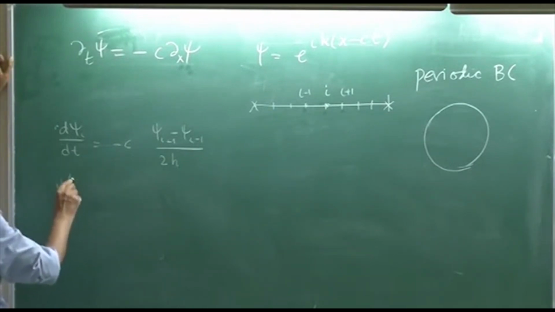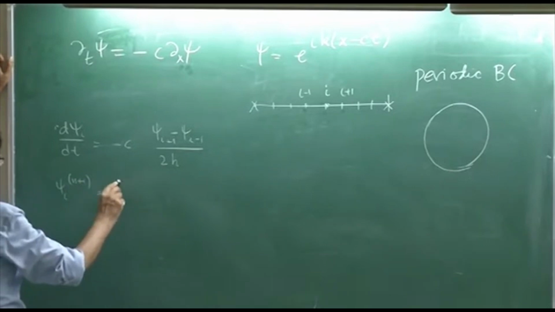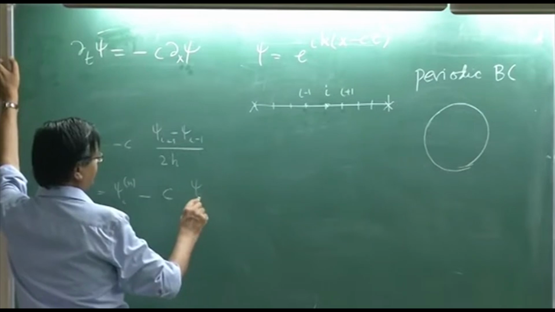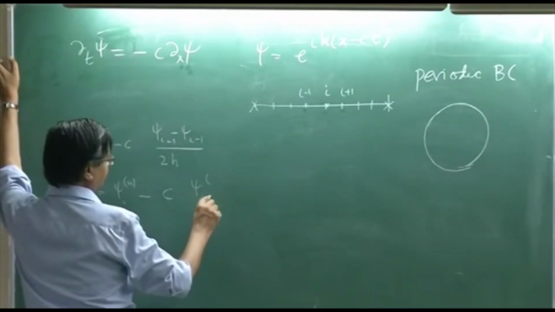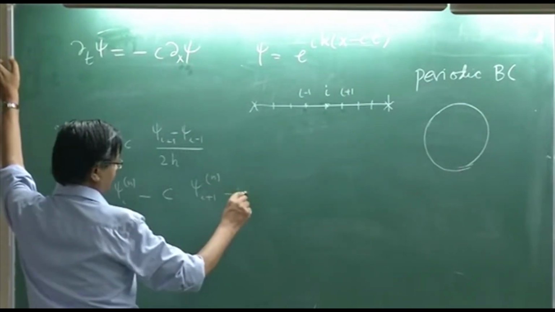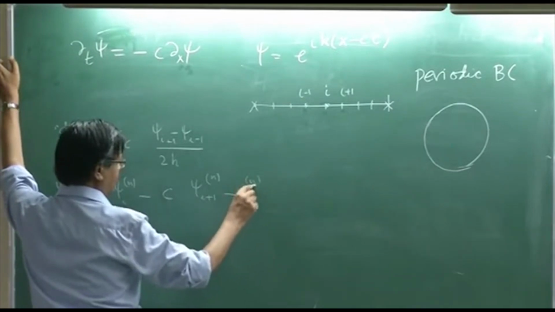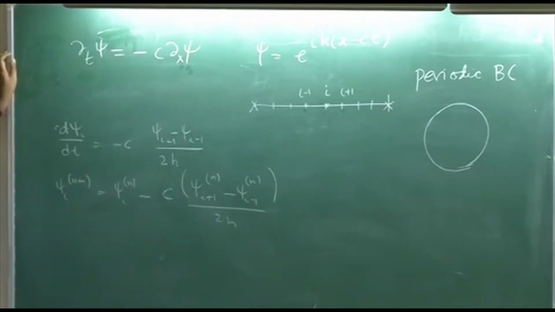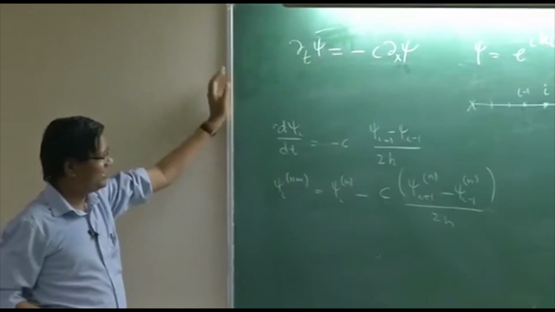Now I time step. So psi_i^(n+1) is psi_i^n minus c delta t times (psi_(i+1)^n minus psi_(i-1)^n) by 2h. Okay, so this is the Euler explicit scheme. I am not sure whether I am communicating with you or not, but this is the straightforward Euler explicit scheme.